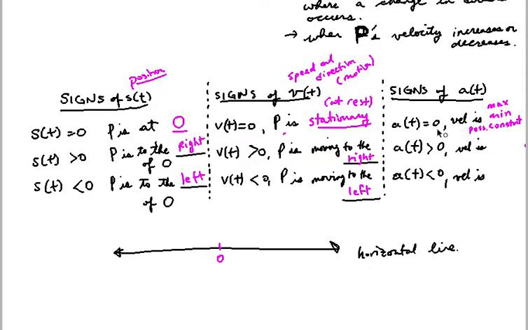Does that necessarily mean my position is staying still? No. I could still be moving at 100 miles an hour, not accelerating, so my speed is not changing. I'm constantly moving at 100 miles an hour, so my position could still be moving very much. So all this tells me is something about my velocity.